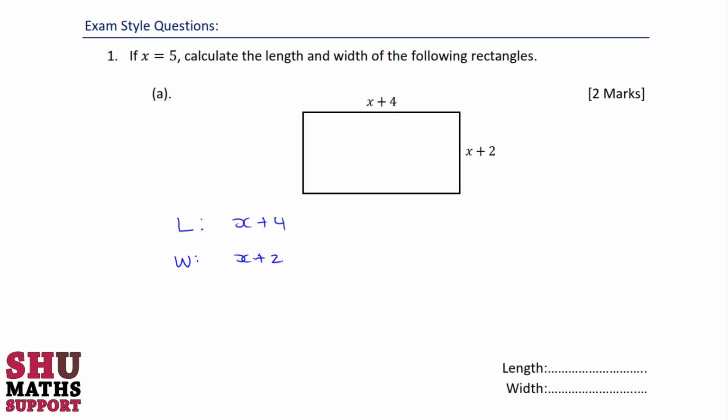And we know that x is equal to 5, so if we substitute the value of x in where we have an x, then x plus 4 is equal to 5 plus 4, which is equal to 9, so the length is equal to 9. And then x plus 2 is equal to 5 plus 2, which is equal to 7, so the width is equal to 7. So on our answer lines we'll put that the length is 9 and the width is 7.